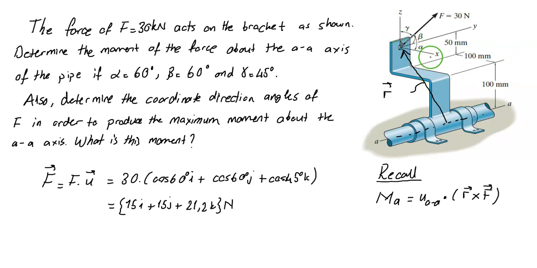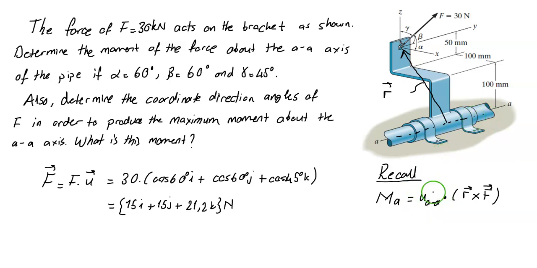if this is the x-axis, it will be minus 0.1 for the x component, and the z component of the R vector will be 0.15 meters, so this 50 is 100 millimeters.